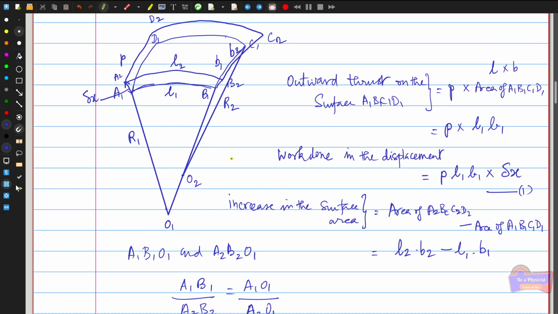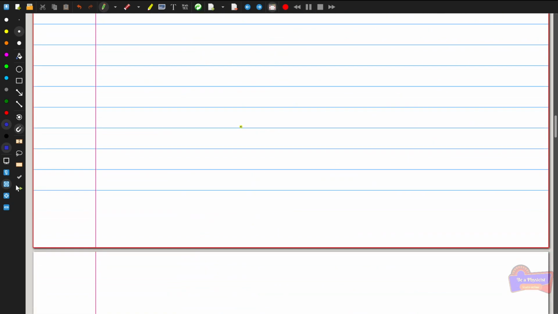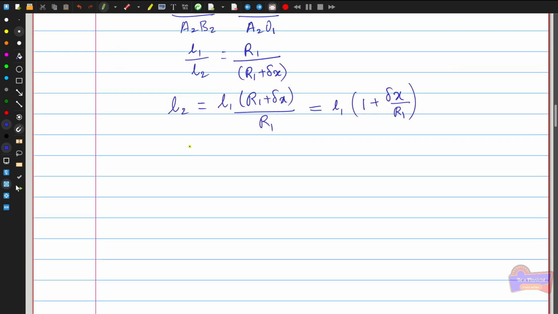Similarly, the other side B1C1 becomes B2C2. The radius of curvature for this triangle B1, C1 and O2 is taken as R2, and the increase in distance is again delta x, so B2 is equal to B1 into 1 plus delta x divided by R2.